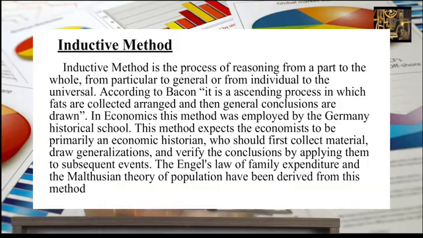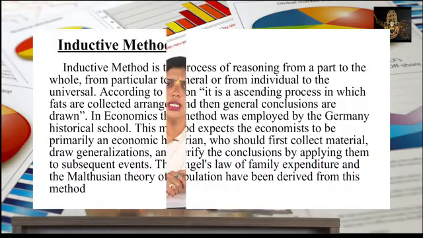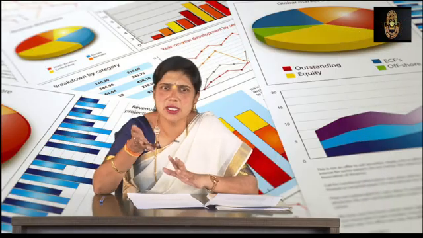According to Professor Bacon, it is an ascending process in which facts are collected, arranged and general conclusions are drawn. The best examples, like Engel's law of family expenditure and the Malthusian theory of population, have been derived from this method.